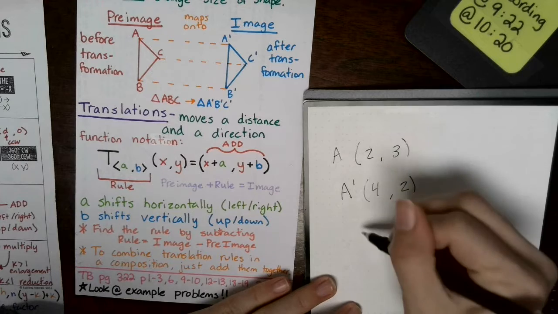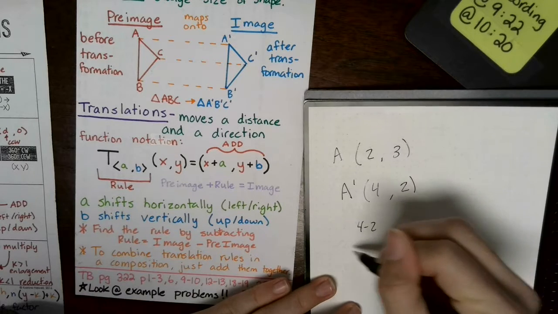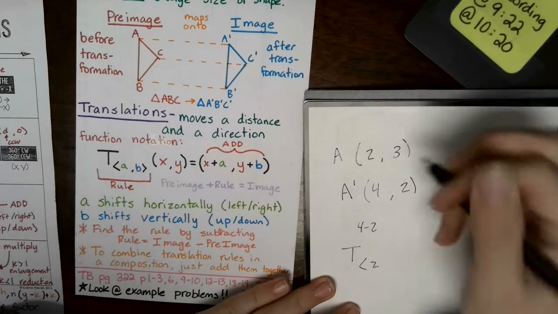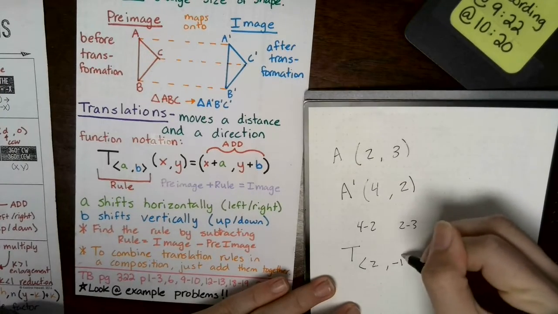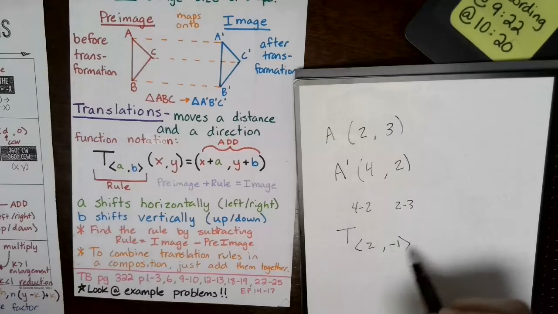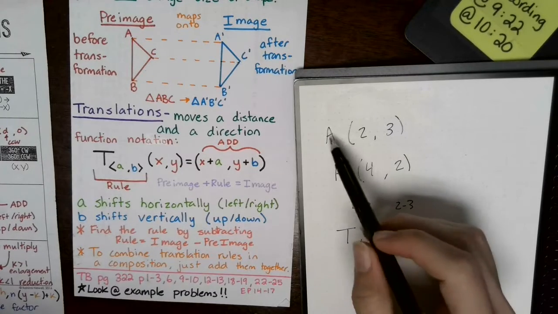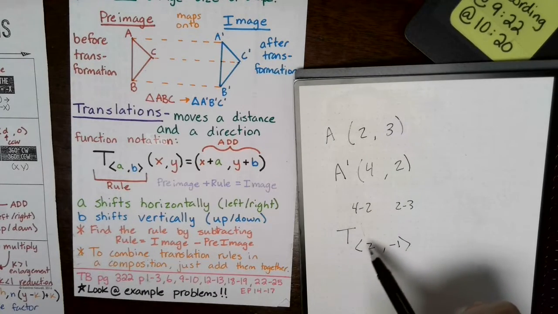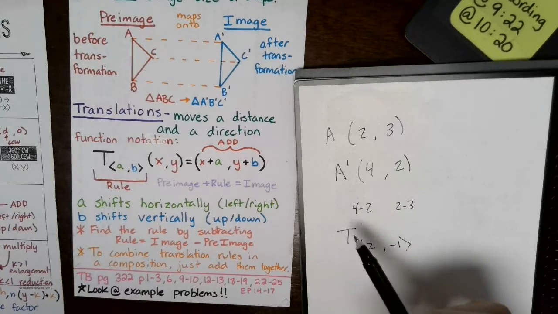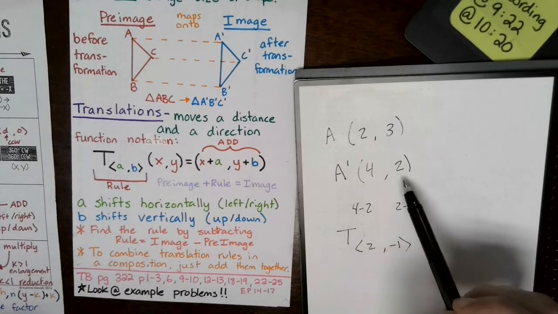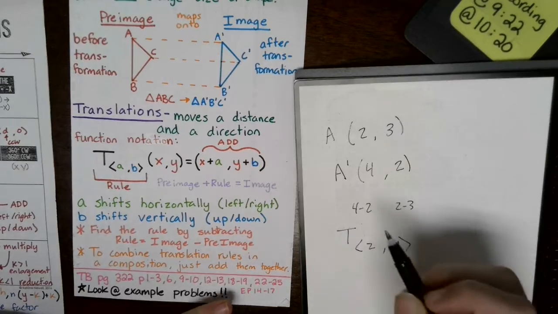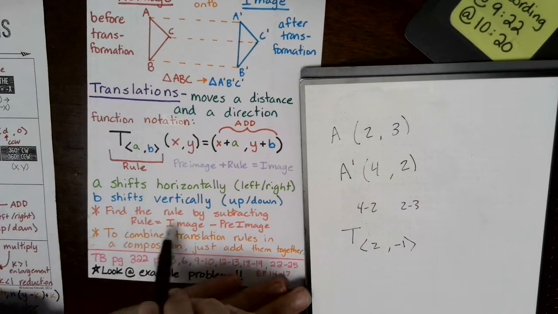So I would do 4 minus 2 gives me 2. And 2 minus 3 gives me negative 1. So that's how I would write the rule. So now I know if I took A and I added 2 to X, I'd get 4. And if I took this, subtracted 1 from Y, I'd get 2. So that's how I would find the rule.